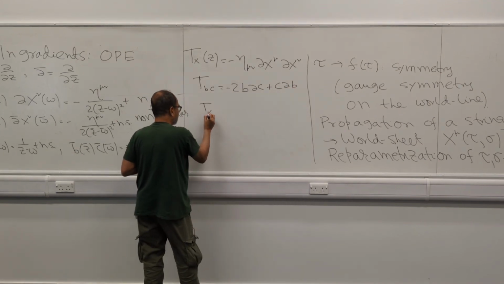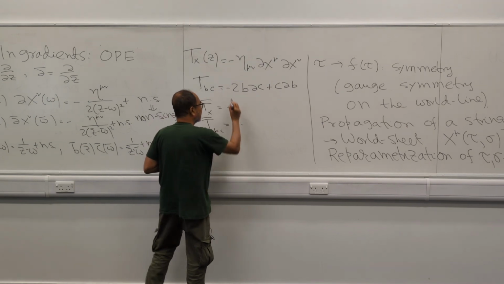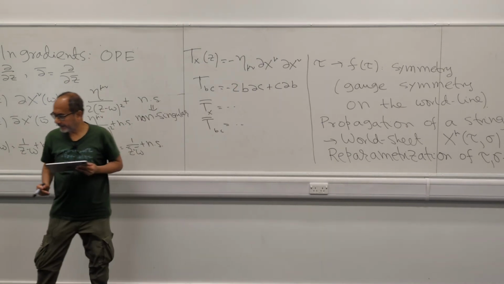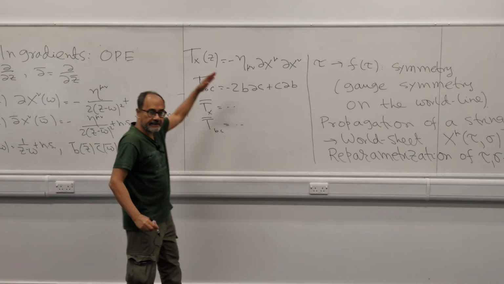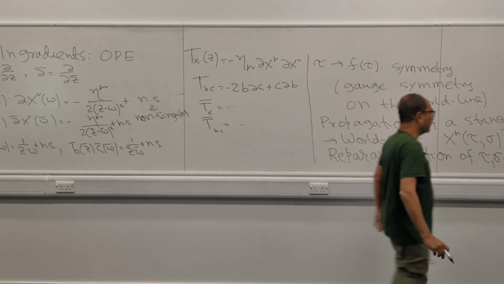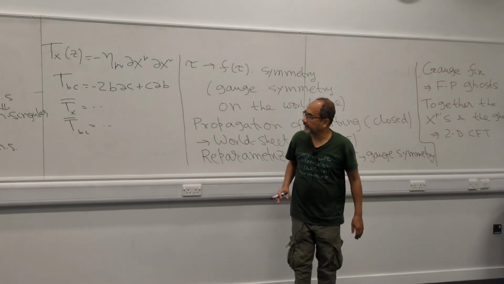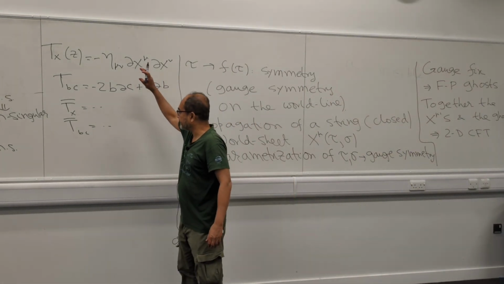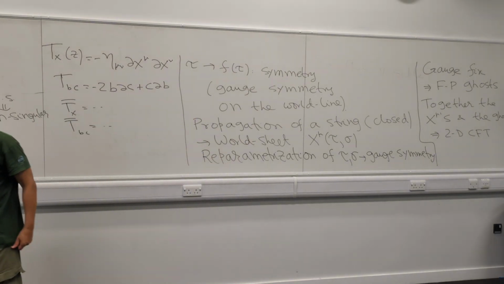And similarly T X bar and T BC bar. Basically we replace the holomorphic fields by anti-holomorphic fields. So as I said, I have not given a derivation of these results. This is what comes if we start from the worldsheet theory of the X mu's and then gauge fix, and eventually we arrive at a conformal field theory which has these properties. So this will be our starting point in the analysis.